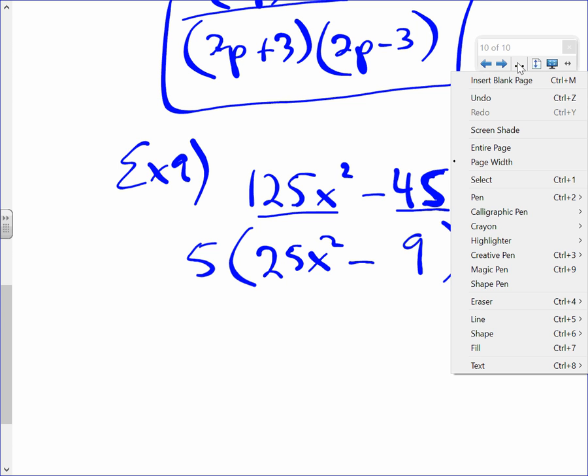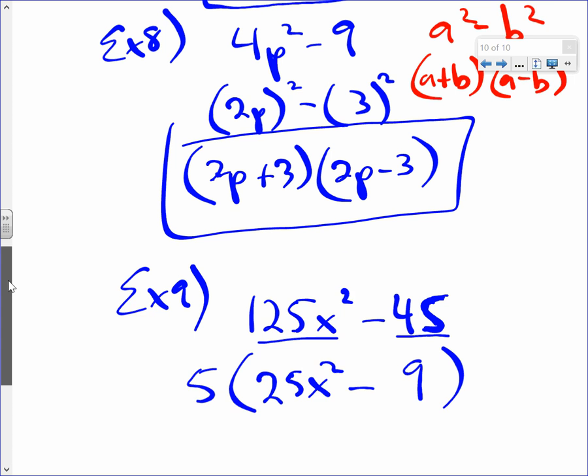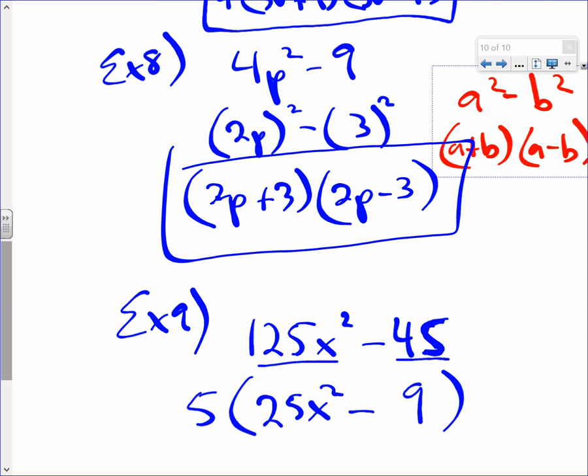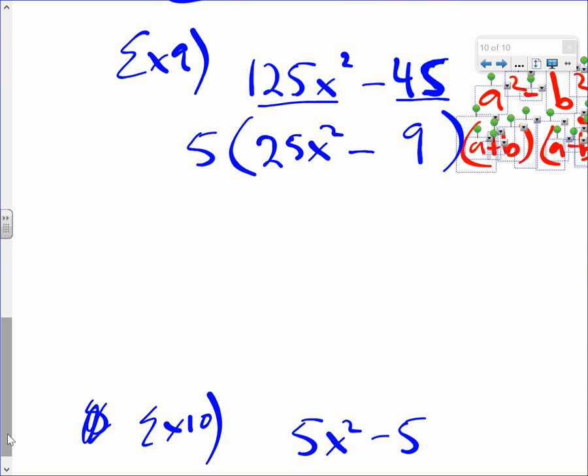Now we ask ourselves, can I use a difference of two squares pattern? Is there another factor, in other words? No. Good question, Ms. Torres. There is not, though.